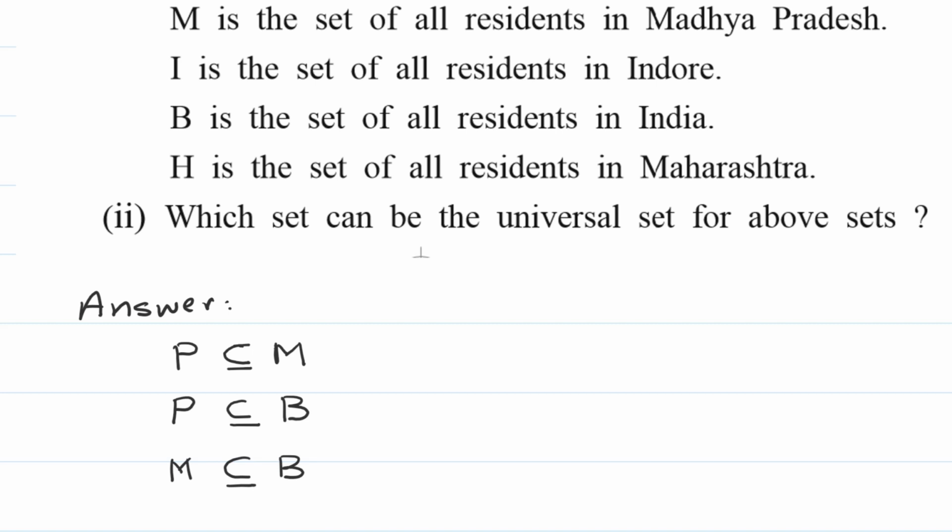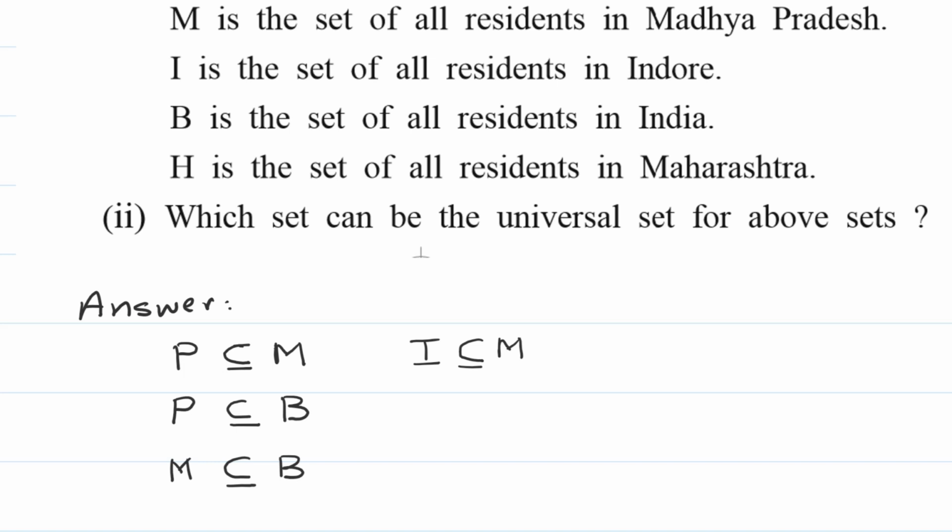Third, I is the set of all residents in Indore. We know that Indore is in Madhya Pradesh, so all residents of Indore are also residents of Madhya Pradesh. So I is a subset of M. Actually, the letter I is later used for integers, so don't use this letter for any other set.